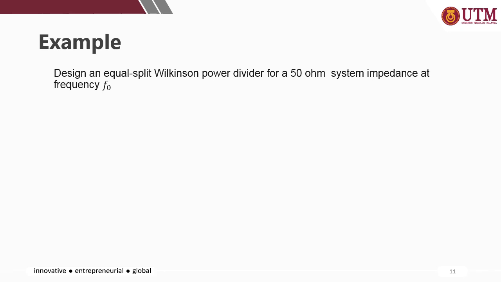Let's look at an example. Design an equal split, where the K squared ratio equals 1, power divider for a 50 ohm system impedance at a frequency of f0. By definition, to produce a matched equal split Wilkinson power divider, we need to know the impedance of the lambda over 4 lines and also the R value, the resistor.